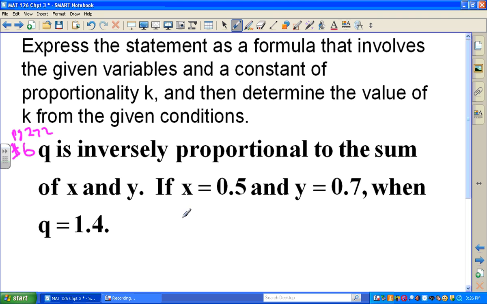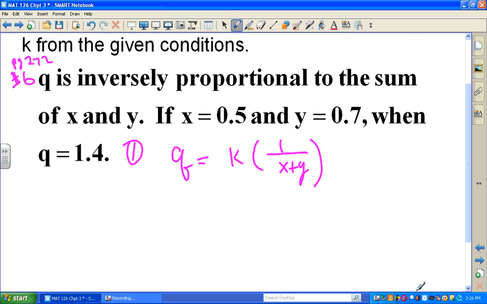All right, so Q equals K times 1 over x plus y. That doesn't look too difficult. That's the first step. Just get your facts straight, figure out where to put the numbers.